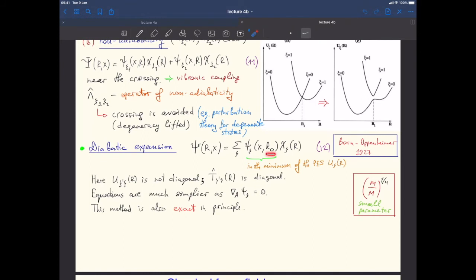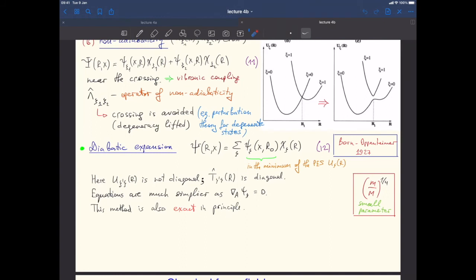But instead of considering it as a function of the nuclear positions, we take just one nuclear position. In that case, these coefficients would depend on the R. They would acquire the full dependence on the nuclear positions.